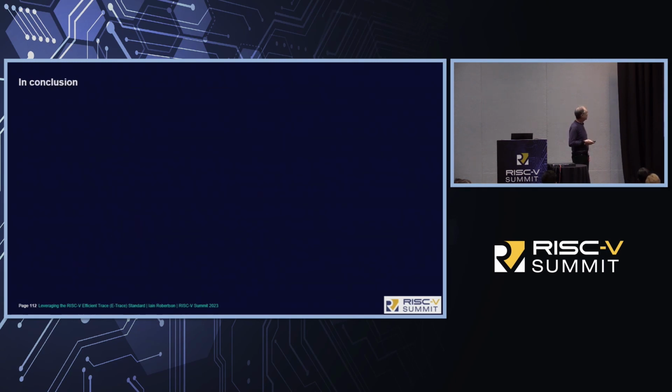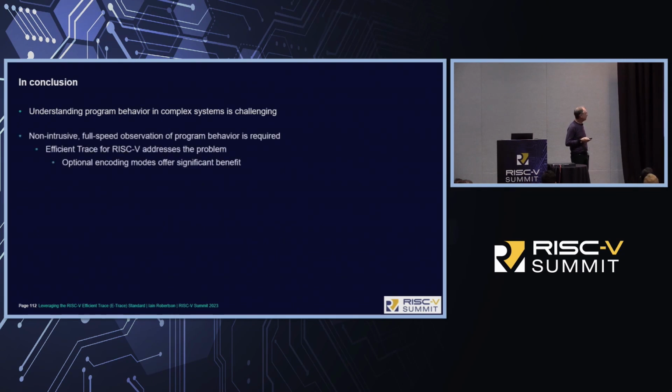Okay, so I guess to summarize, we can say, hopefully, it's clear why understanding program behavior is complex and why having a non-intrusive full-speed trace encoding is required. An efficient trace for RISC V addresses this, and the optional encoding modes offer a significant benefit on top of that.